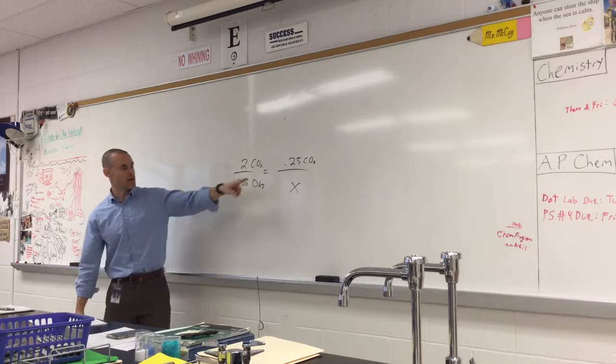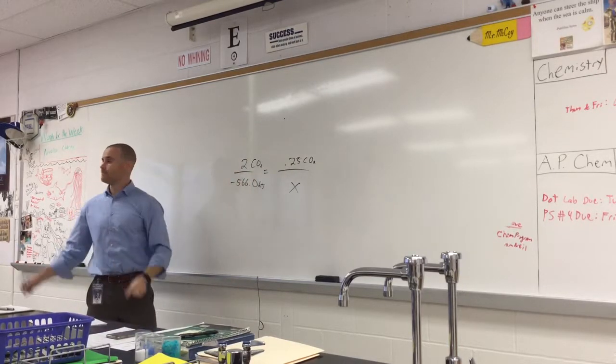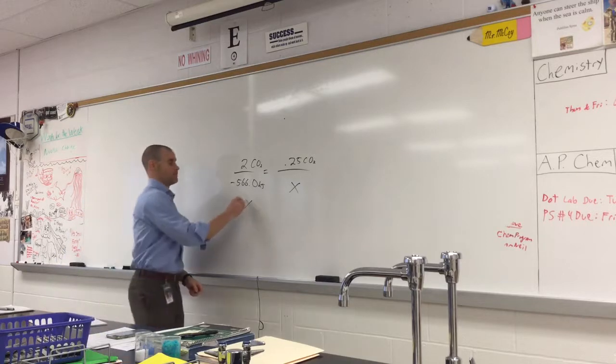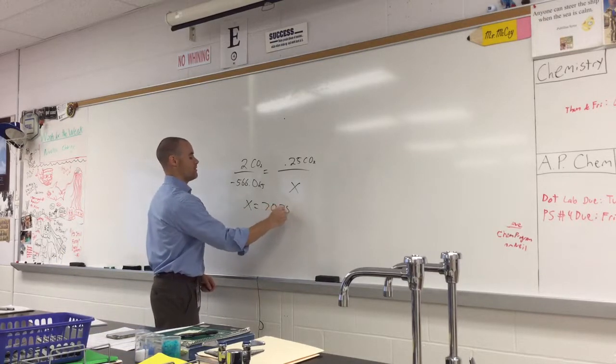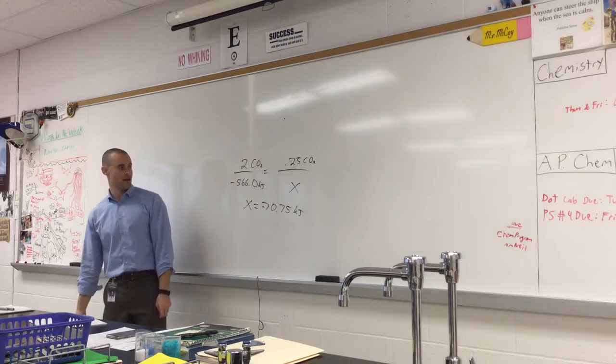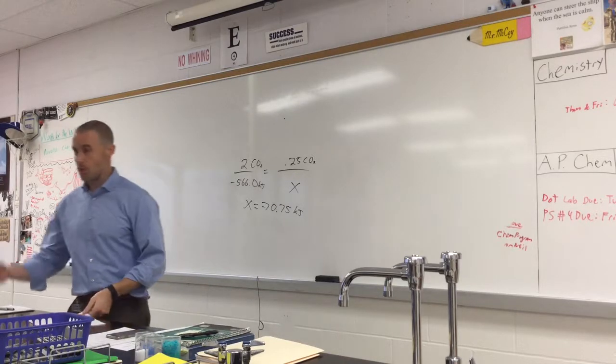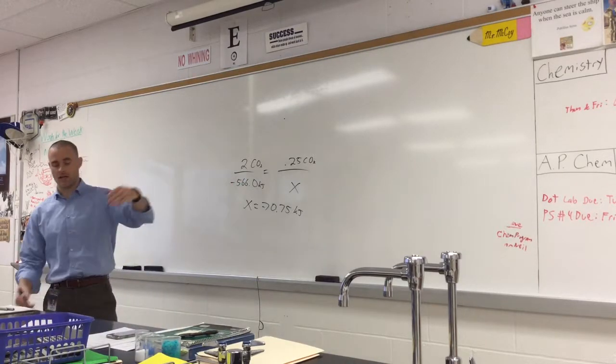Cross multiply, 0.25 times 566 divided by 2. What do we get? Negative 70.75. That makes sense. It should go down because there's much less moles being produced. It's a proportion. If one goes up, the other goes up. One goes down, the other goes down.